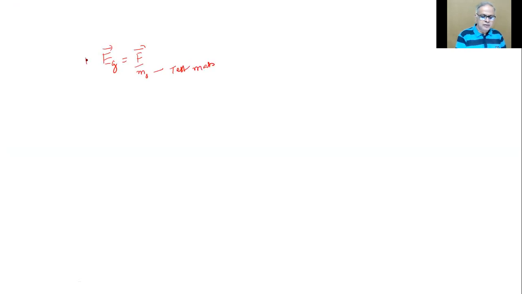And after that, for a point mass, we showed that E_G equals minus G m by r square r cap. And we said there's a principle of superposition. Net E, because of many point charges, will be the vector sum of field strength due to individual charges. This also we did.